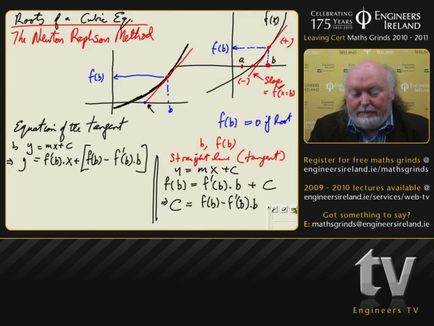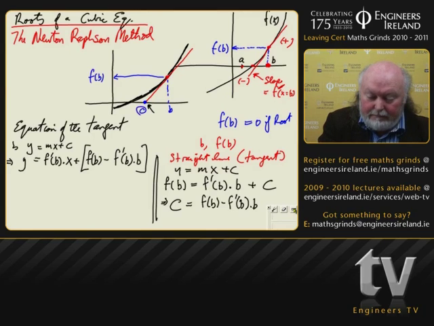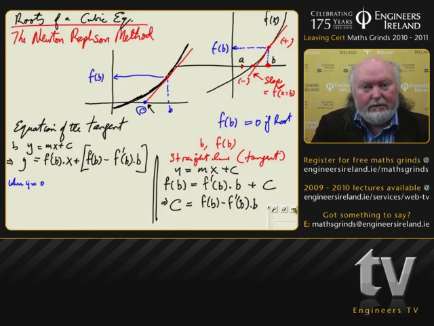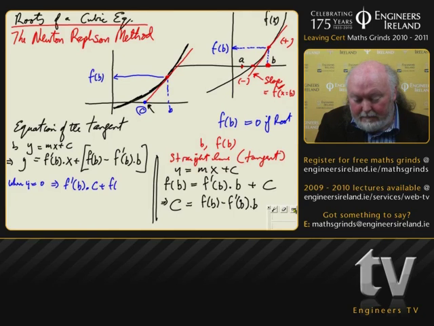Having found this point, and we find it by doing this, we'll just call it C. We find it by letting the y value of the tangent equal to 0. All this is 0.